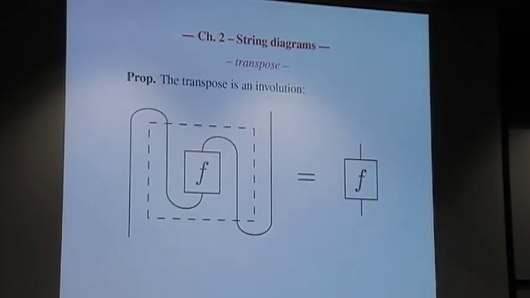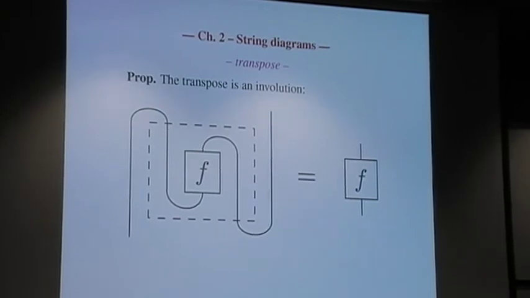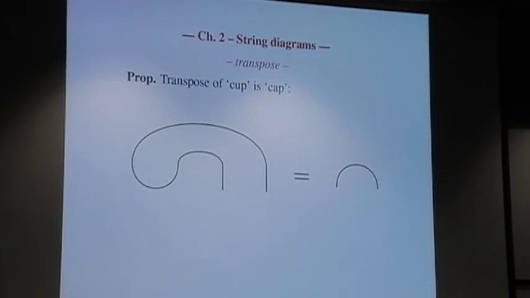Now you can prove simple maths, for example that the transpose of a transpose is doing nothing. If you do an output to an input, then again to an output, it's trivial, of course. So you get these little lemmas about transposes kind of for free. The transpose of a cup is a cap, so of course, it's completely trivial.